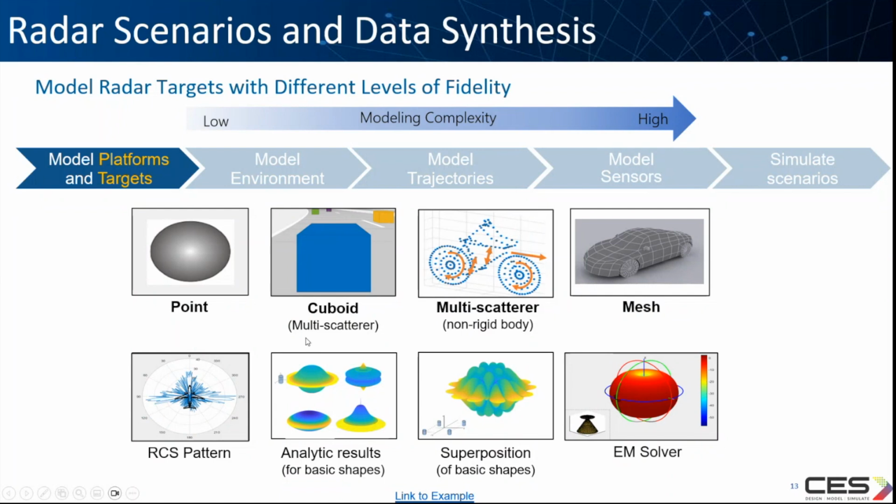You can also model your target with the actual shape and perform the analysis based on that shape, and you have different functions and functionalities available under Radar Toolbox to do that. Another way to model targets at a higher level of fidelity is multi-scatterers, and that will help with capturing more details about your targets.